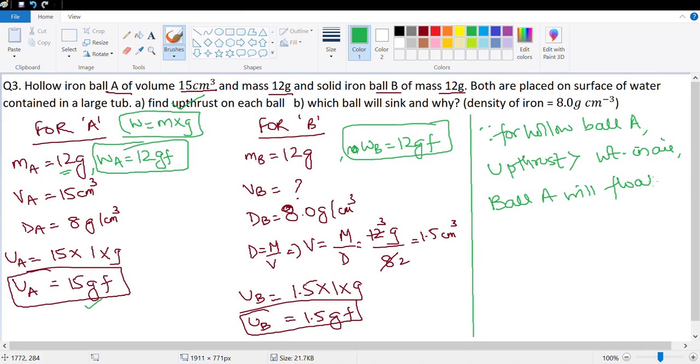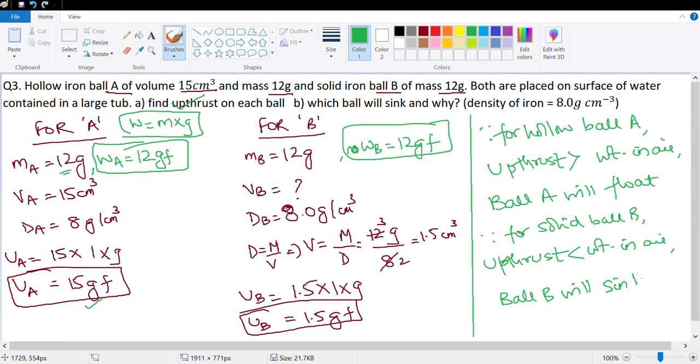For case 2, since for solid ball B, upthrust is less than weight in air, ball B will sink. I hope you understand that when the ball is floating, the whole of the ball will not be under the surface of liquid, only some part will be. That's why you are getting the upthrust being more than the weight of the ball, which can never happen. Upthrust is equal to the volume of the solid under the water.